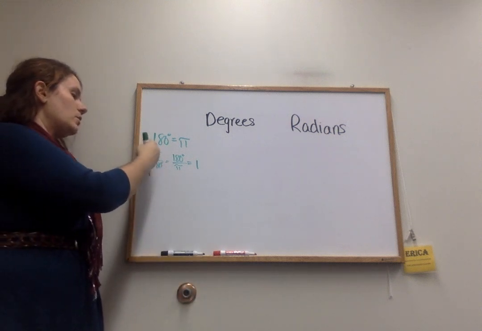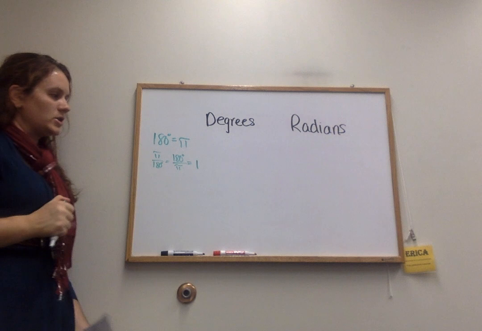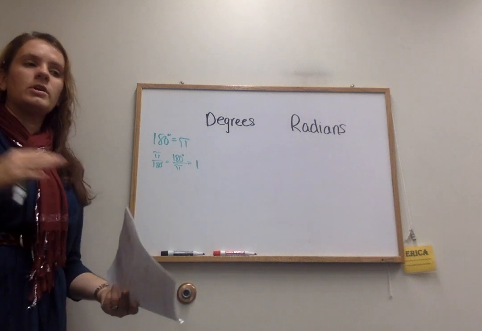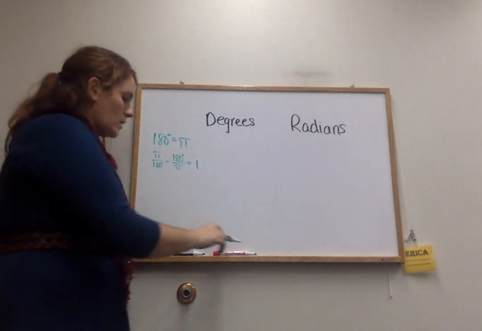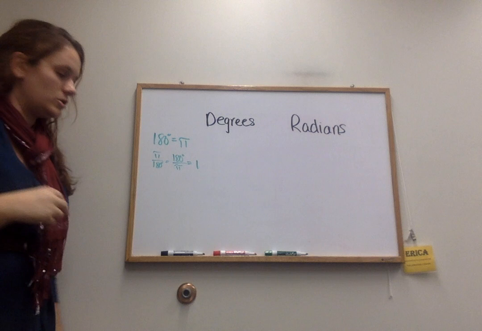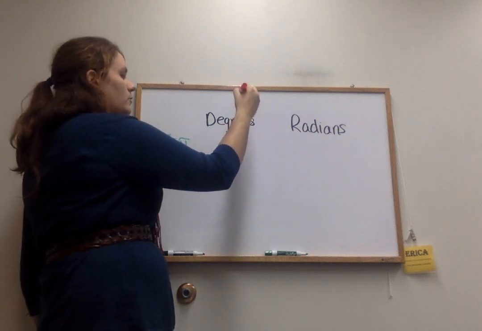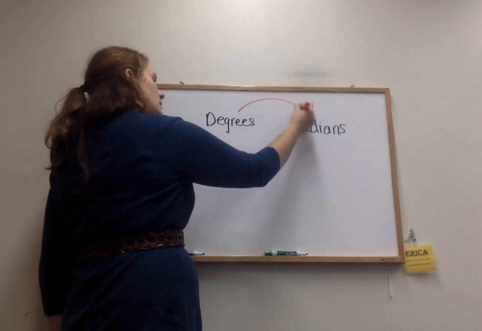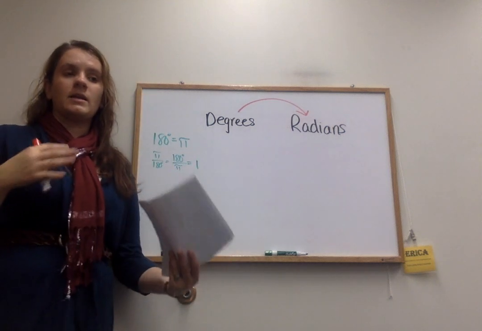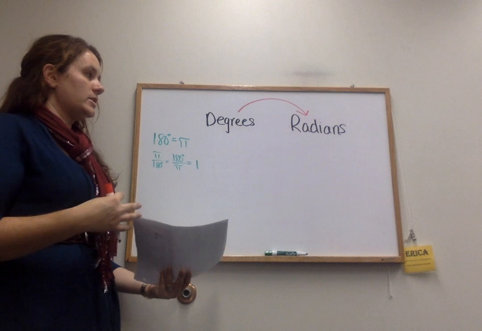So by multiplying by one of these 2 fractions, what we're doing is canceling out the unit we have and turning it into the unit that we want. All right, so then it's just a matter of figuring out which of the 2 fractions you should be using. When we move from degrees into radians, we're starting with something that is already being measured in a unit of degrees.